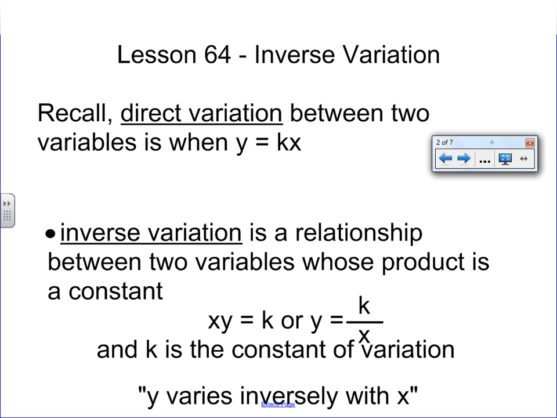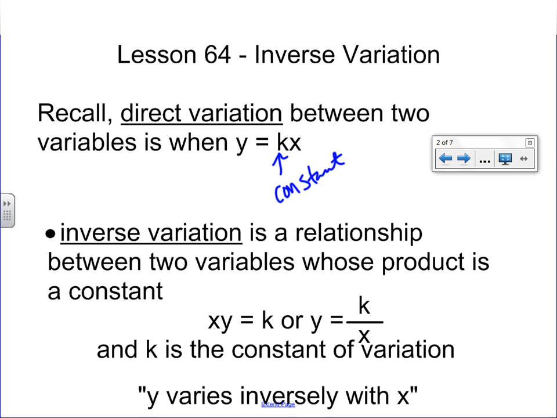What we're talking about today is lesson 64, inverse variation. Recall that we already talked about direct variation between two variables, which is y equals kx, where k is that constant of variation. Inverse variation is a relationship between two variables whose product is a constant.